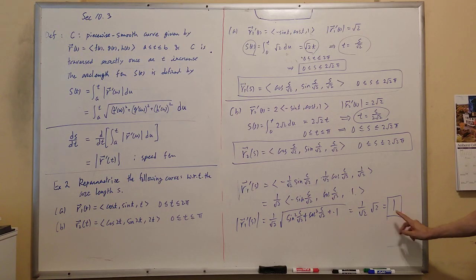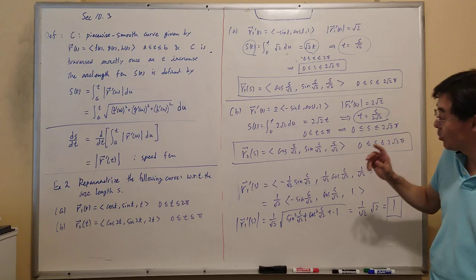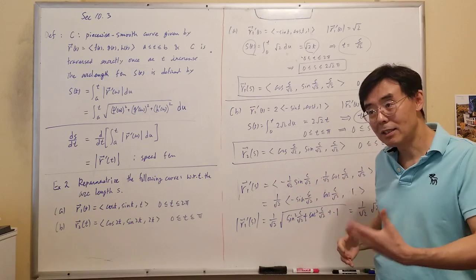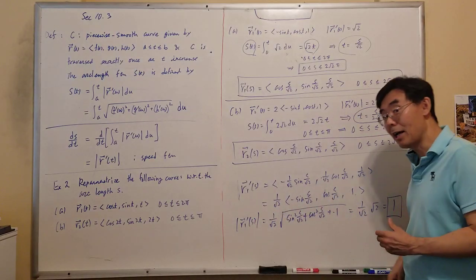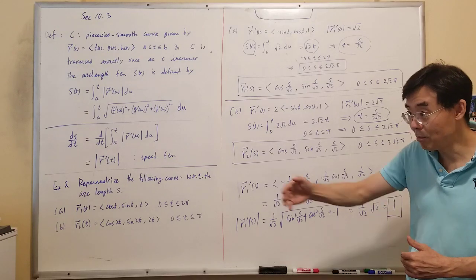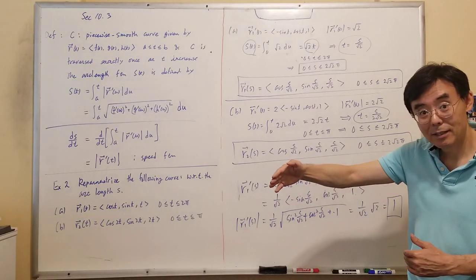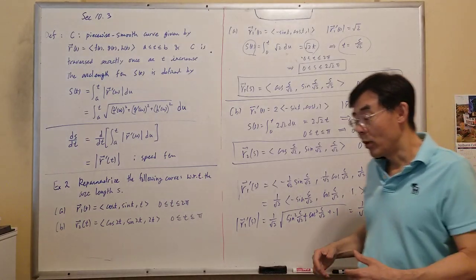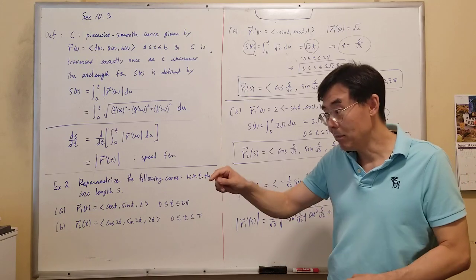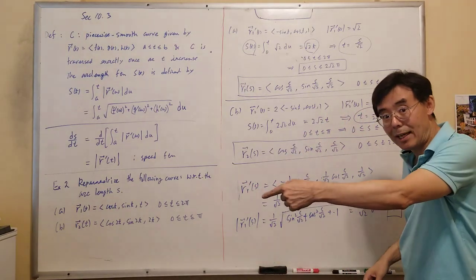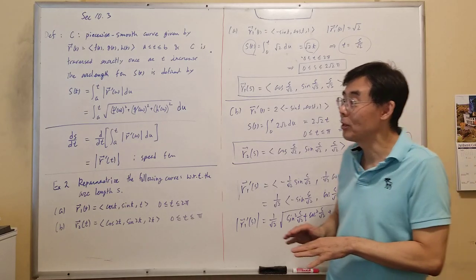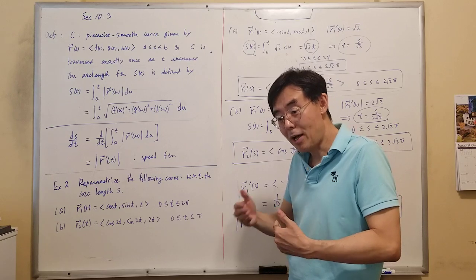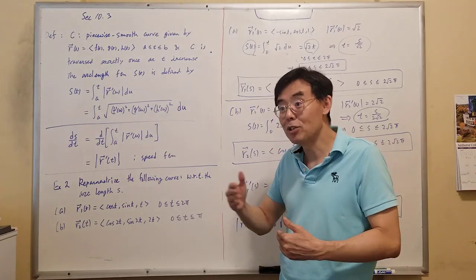What does it mean? Speed is always 1 if your parameterization is with respect to arc length. Now, when you say speed, you have to consider s as your time, but s is the distance you made, right, given a certain point. So basically, you are saying that when I travel 1 meter, that's time 1 second. So you are going through the path in a way that your time, number of seconds, exactly matches the number of meters.